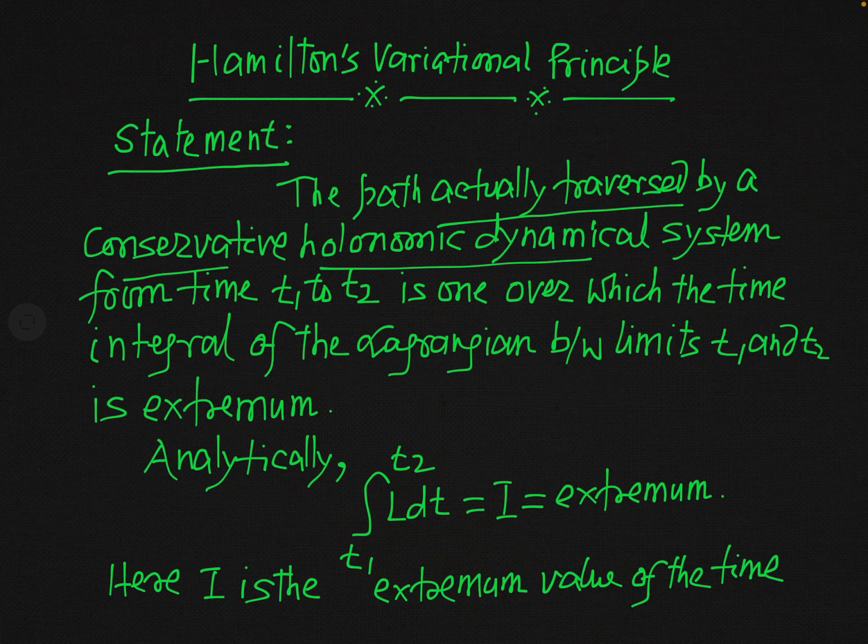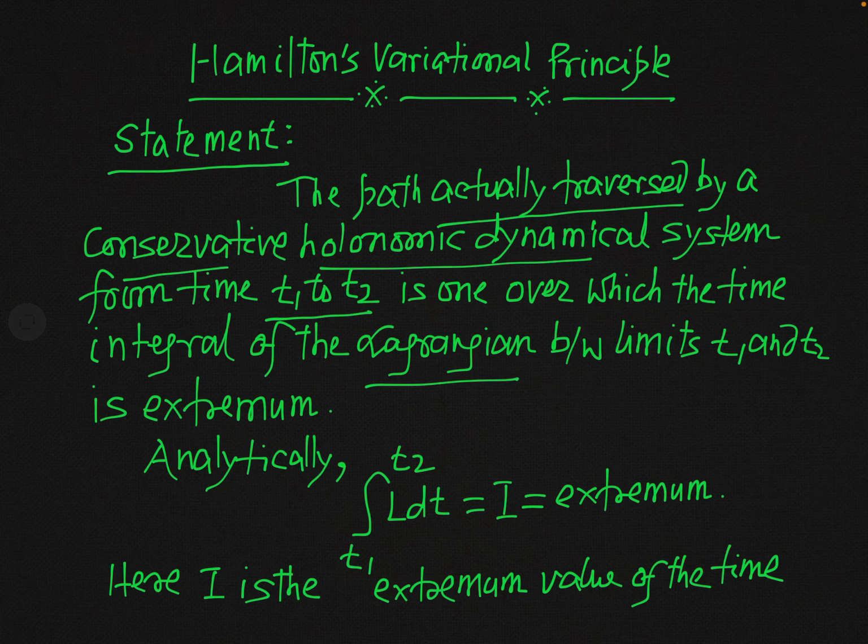So when such a system is in motion or changes its configuration, then the actual path traversed by it between the two time limits, let us say t1 and t2, will be the path for which the time integral of Lagrangian between these two limits of time t1 and t2 must be extremum.